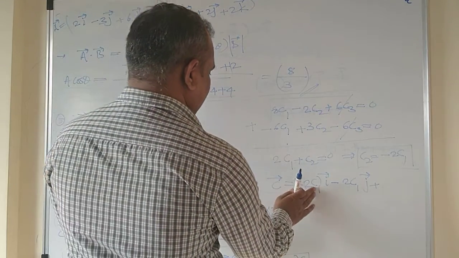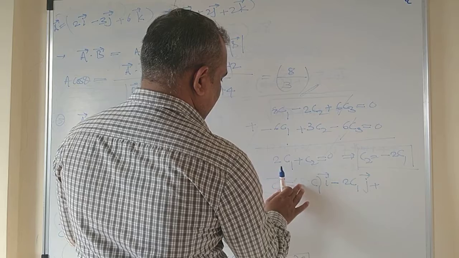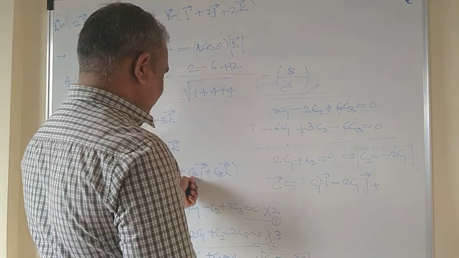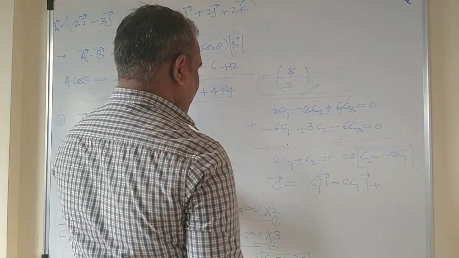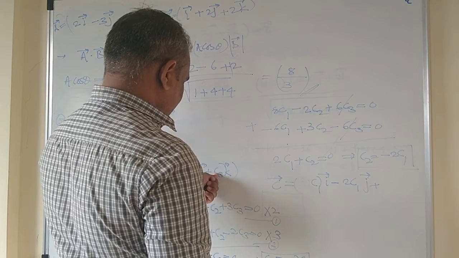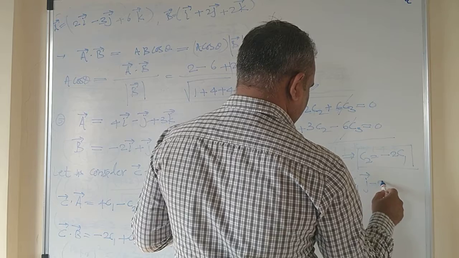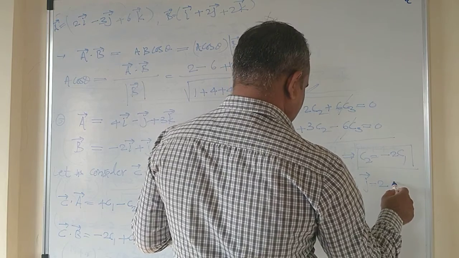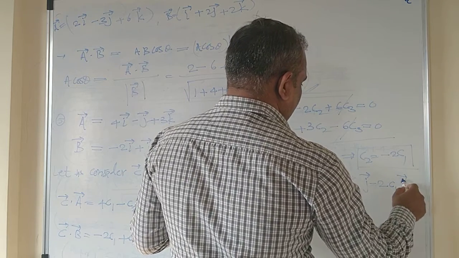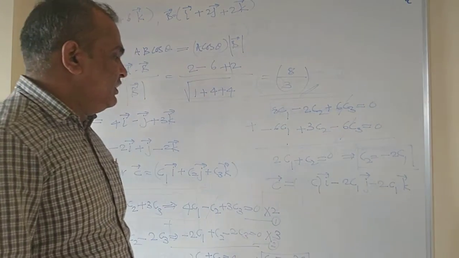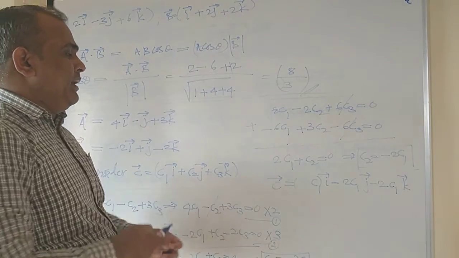C1 I bar is as it is because we are writing C1. So C1 I bar plus C2 I bar, C2 is this one, minus 2 C1 J bar, plus C3, C3 is minus 2 C1 K bar. So you got the considered vector C bar which is perpendicular to A bar and B bar.